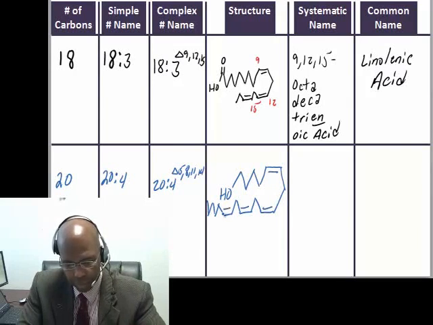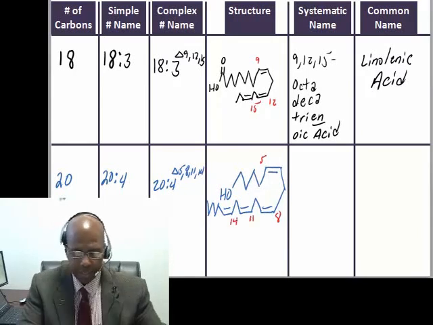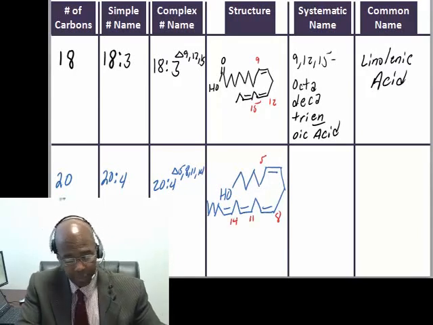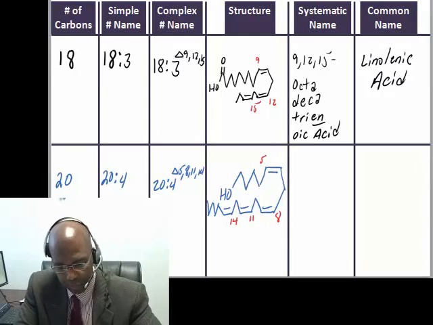There are 4 double bonds, at 5, 8, 11, and 14. Okay? And the name of this one, wow, this is going to be a big one.